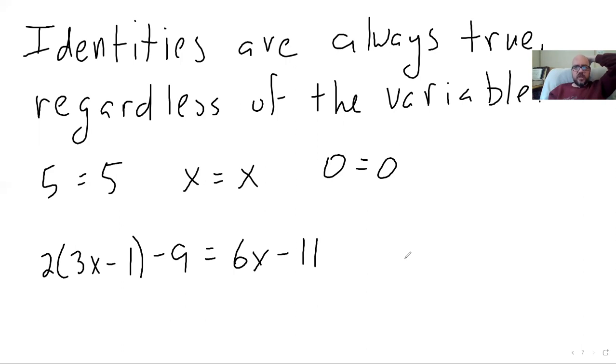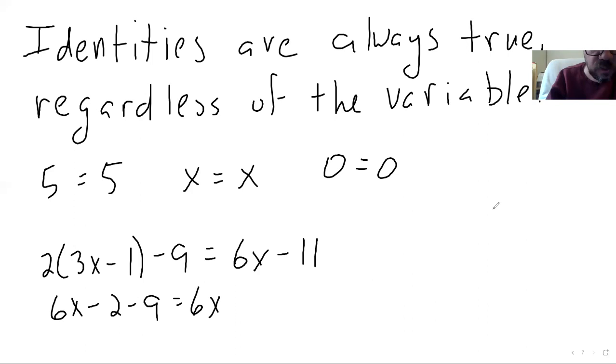It doesn't look the same on both sides, so it's not completely obvious that it's an identity. However, when we go about simplifying, the thing I end up with is this. I distribute the 2 and I get 6x minus 2 minus 9 equals 6x minus 11, and then I combine the like terms. 6x minus 11 equals 6x minus 11.